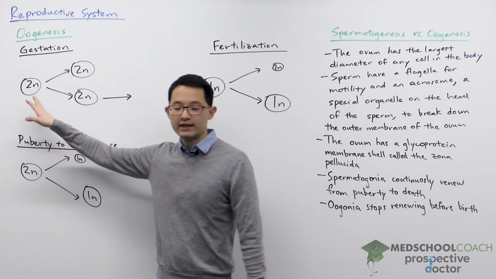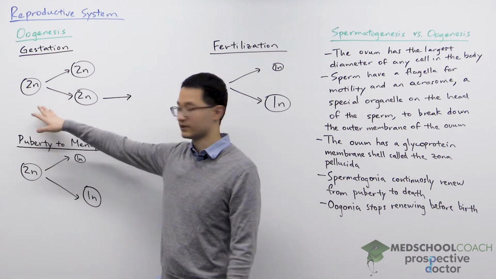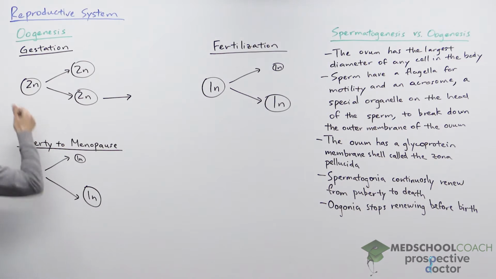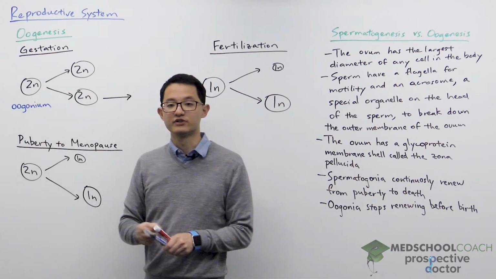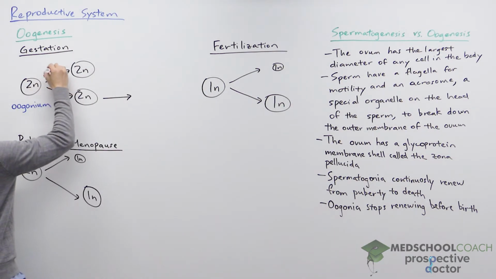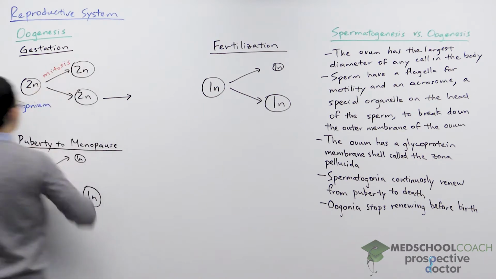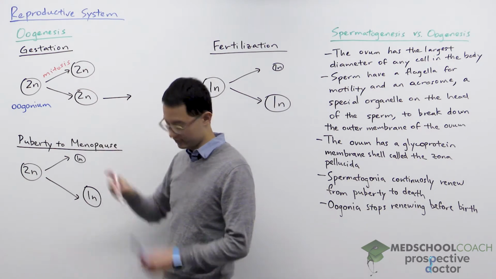You start with the stem cells for the oogonia. So this is one stem cell, an oogonium. This oogonium cell is going to undergo mitosis. When it undergoes mitosis, it's going to form two identical daughter cells.